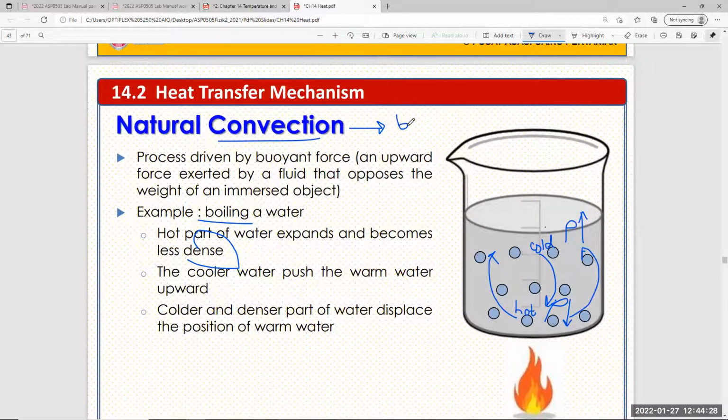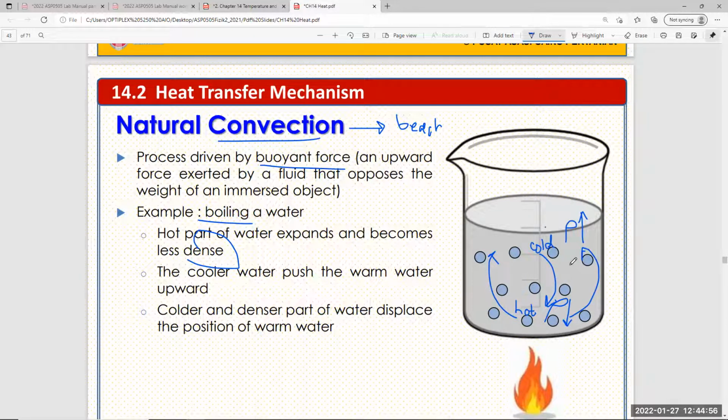At the beach, you feel some cold and hot, so there is some kind of convection there. When the sun heats the sand, the heat gets up, then we will have cold air. So natural convection is based on density.